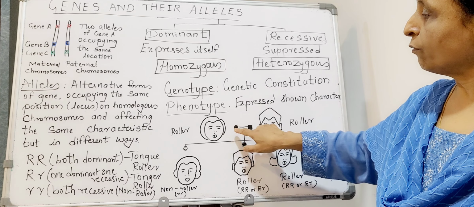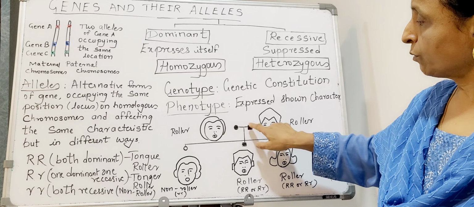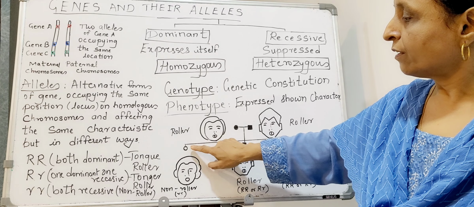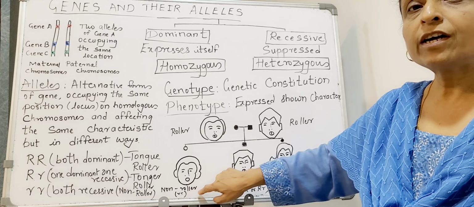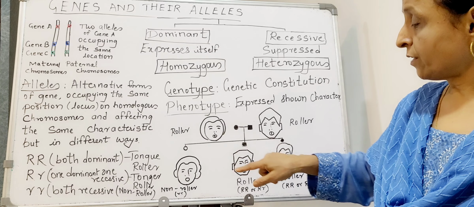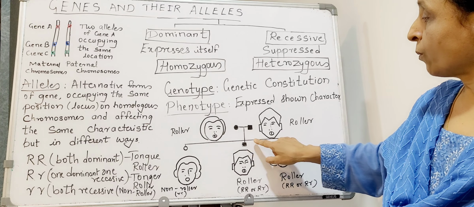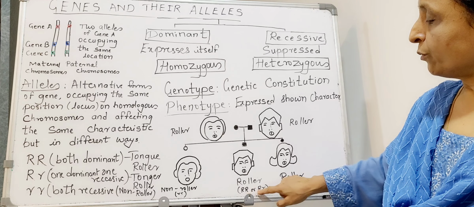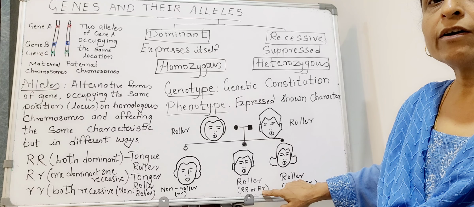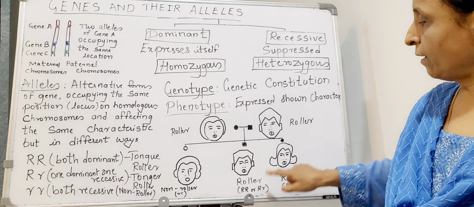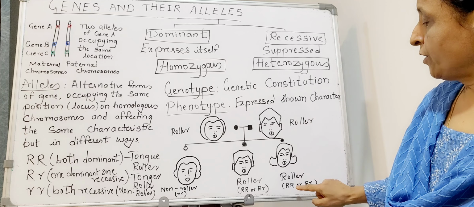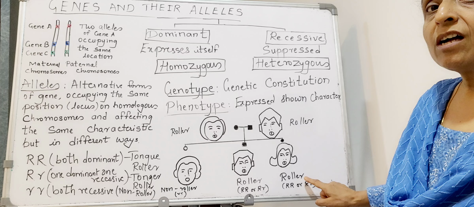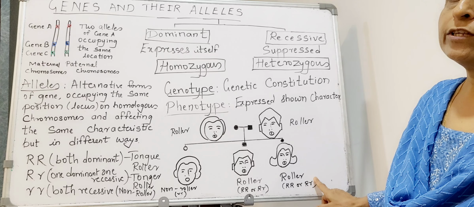This is the woman, circle, and square; it is just a representation. Circle means a girl who has a non-rolling tongue, and square is a boy who has a roller tongue, with genotype double R or one big R and small r. And this is a girl who has double capital R or one capital and one small r.